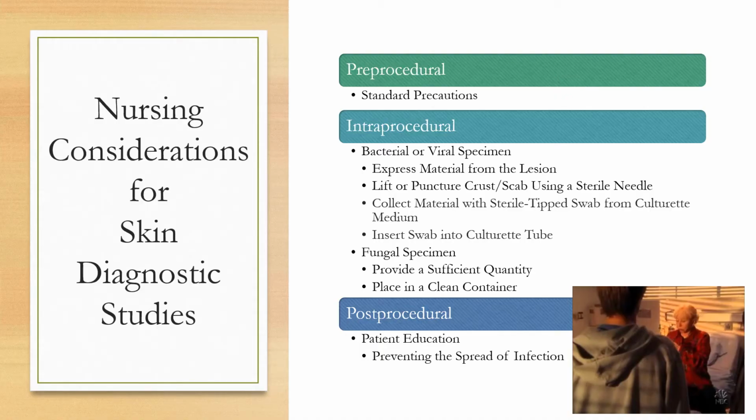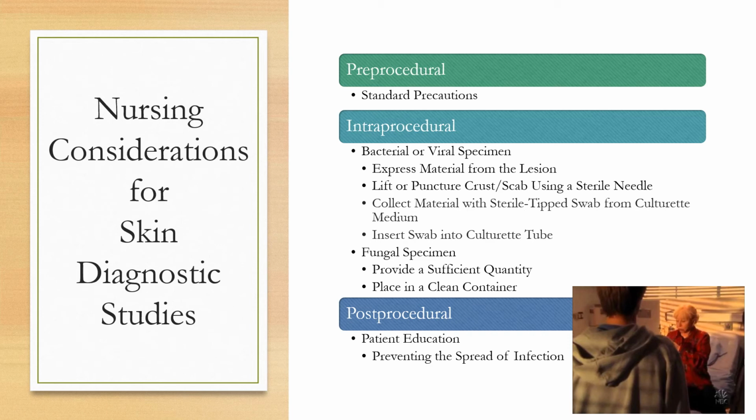Okay, so I think this slide is pretty clear, pre-procedural, in terms of we always use universal precautions, right? So when we're taking biopsies of skin, we're definitely wearing gloves. Sometimes we'll wear goggles. We'll drape ourselves just to make sure that if blood spurts out, we're protected. Okay, so usually a sterile procedure.